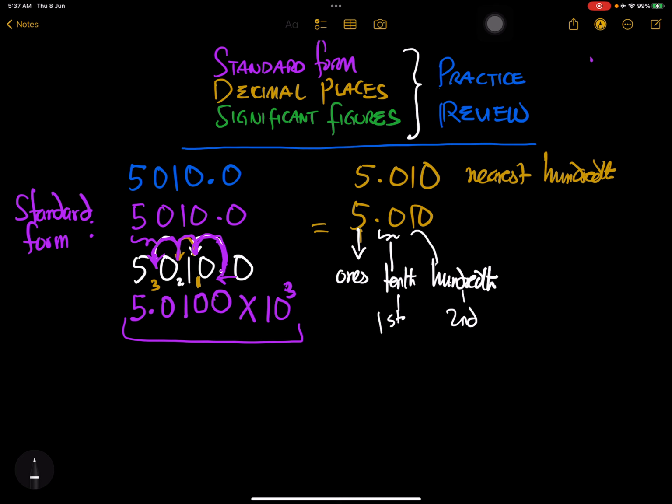So rewriting something to the nearest hundredth is the same as the second decimal place.